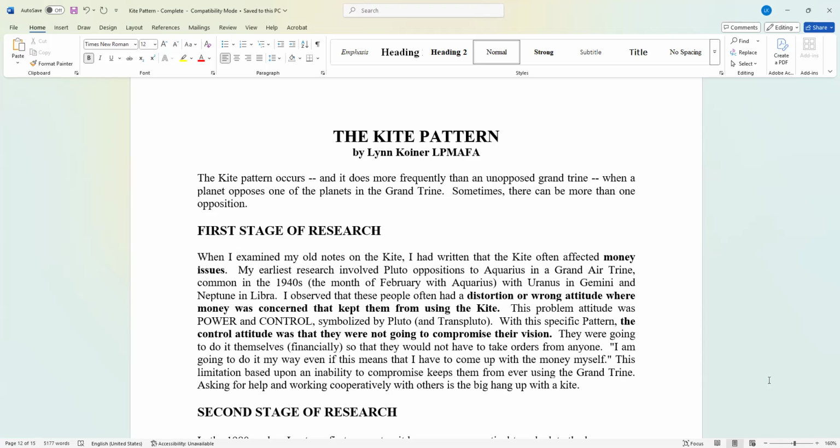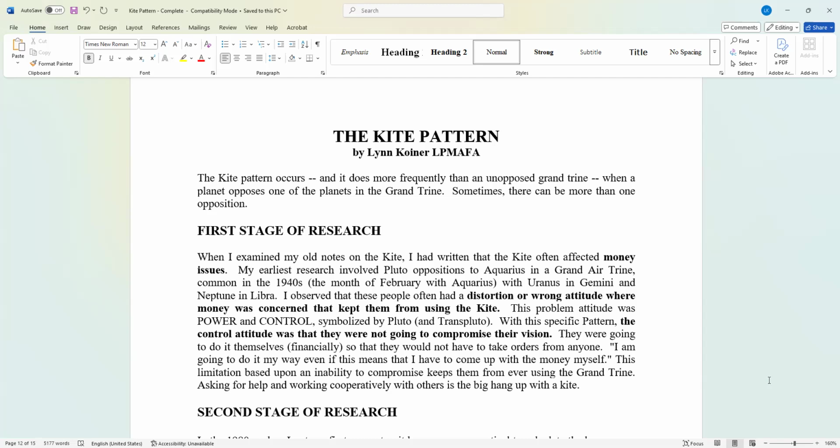And a grand water trine would be Cancer, Scorpio, and Pisces. Having a true grand trine is very unusual. To have a kite is much more common. I'm always surprised when I see someone who has a grand trine and it's not a kite.